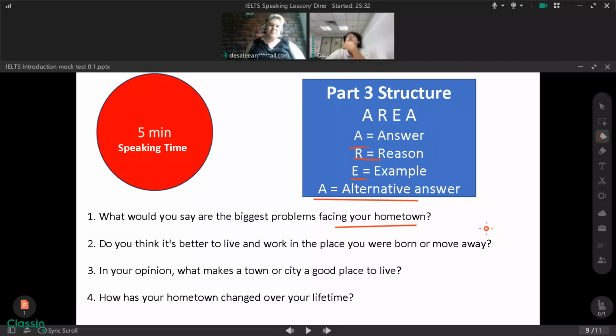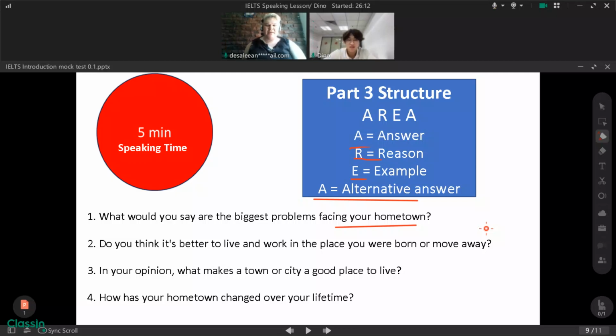I think my hometown's biggest problem is they are not as rich as cities. I don't know this word. This word means take your money. So many money. Oh, okay. So it's not a very rich city. Yeah, it has a problem with money.